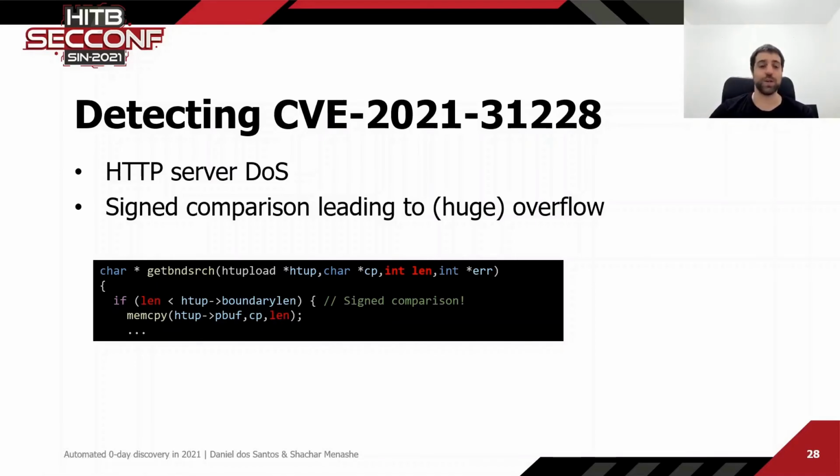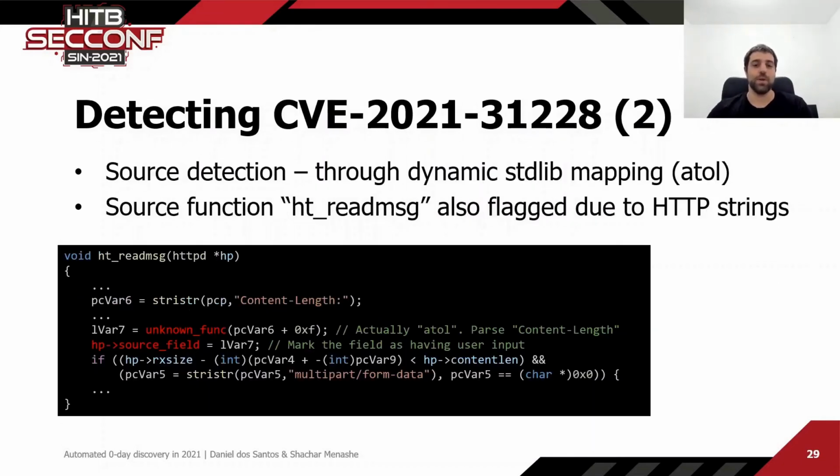And also, there's a function that, after the dynamic divination, was mapped out to be A2L. It's one of the functions for which we upgrade the score because of, like I said before, things like N2HS, because usually when converting a string to an integer, that string comes from user input. That's why it's score-based.